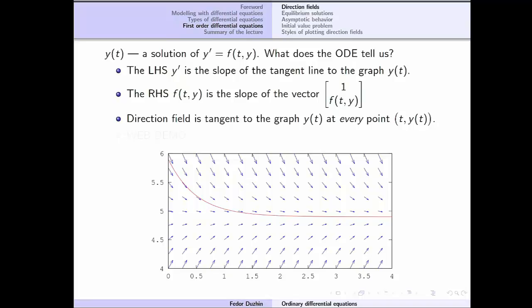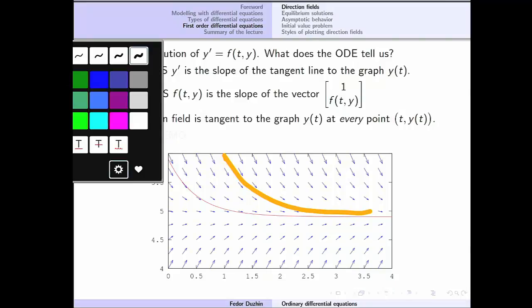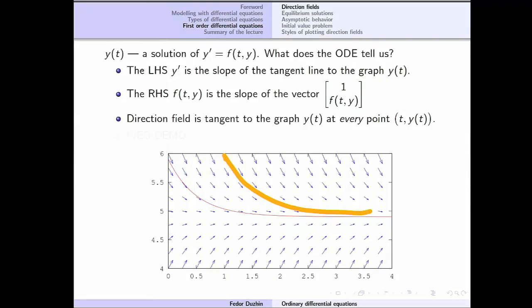So informally, you can think of it as: when you plot a solution, the solutions kind of follow the arrows. So, for example, if you want to plot a solution here, then it will follow all the arrows here. So this is a solution, right? But say, I don't know, this would not be a solution, right?